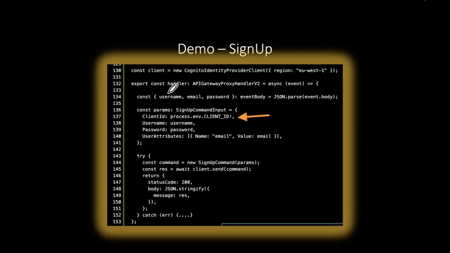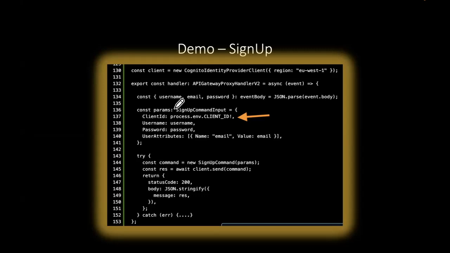In the case of DynamoDB, it might be a query command or a get command or a scan command object. And then we send that object to whatever the backend service is, DynamoDB or Cognito in this case. Well, that same command-oriented style is used by the Cognito SDK as well.